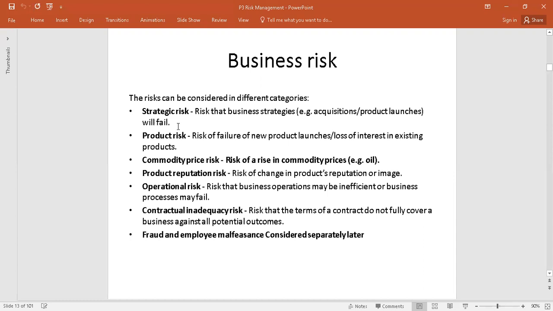Product reputation risk, where the reputation gets affected. Sometime back, that was the situation with Maggi. Some lab wherein this product was tested had come out with a report that the lead content in Maggi was above the bearable limit.